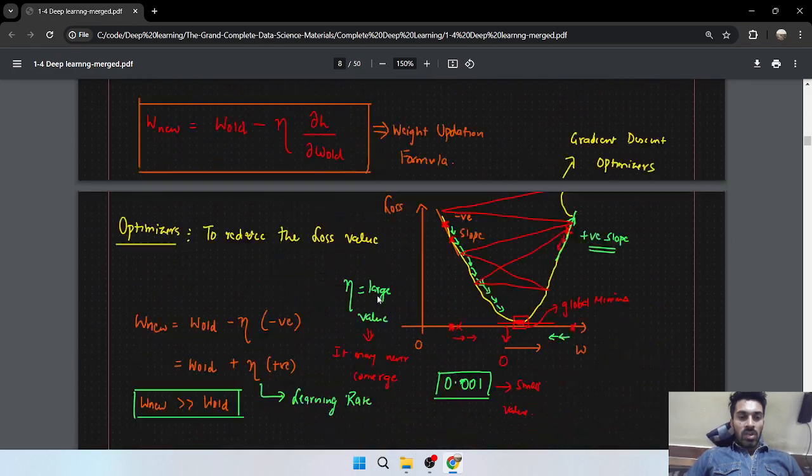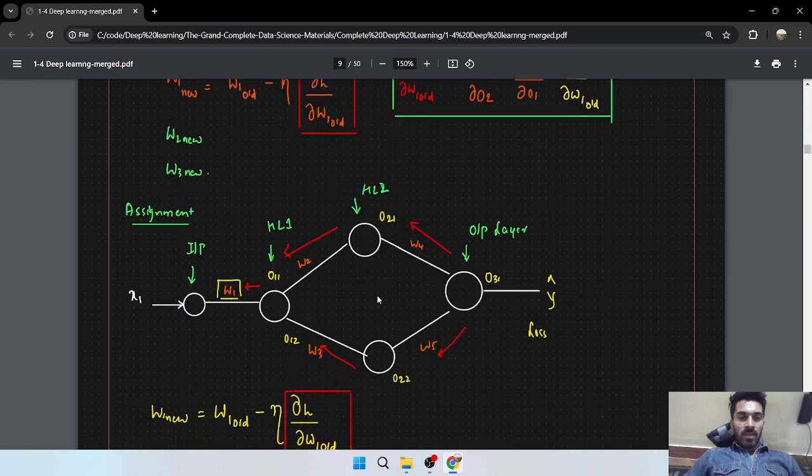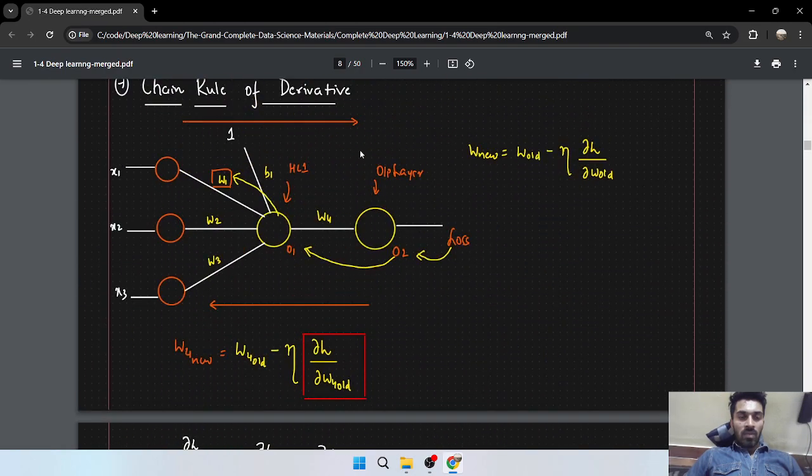We have discussed that due to the chain rule of differentiation, if the model is very deep, then the weights of the initial layers will not learn as we want. So we have to use a good activation function.